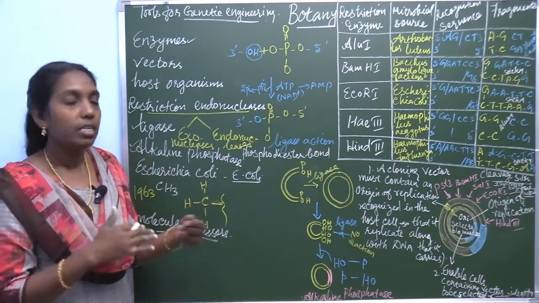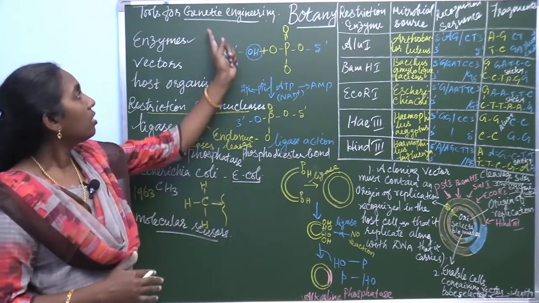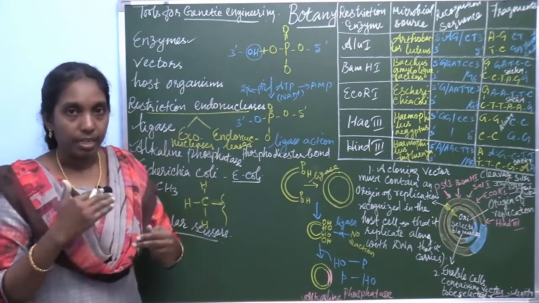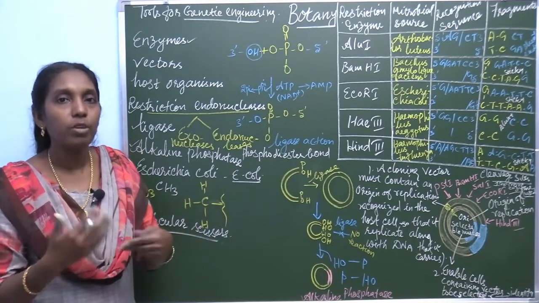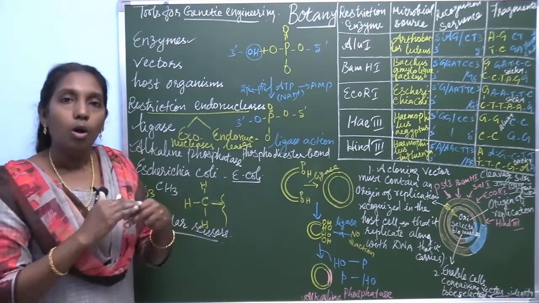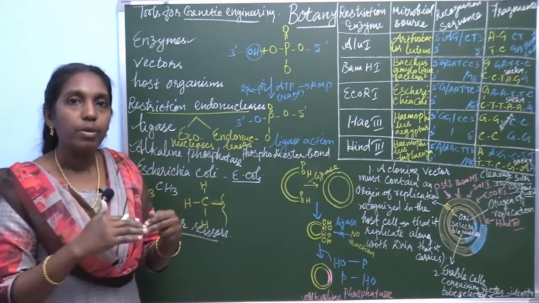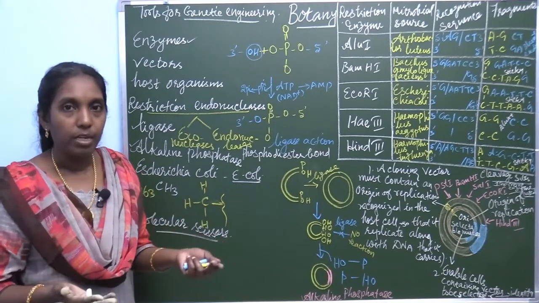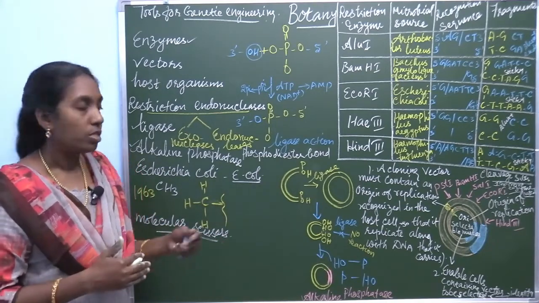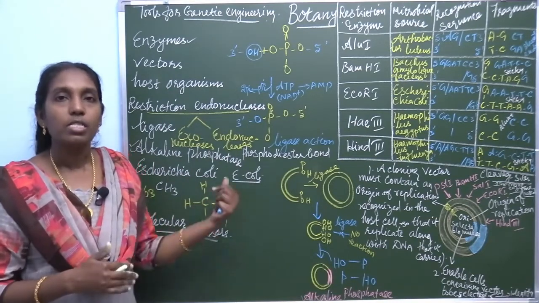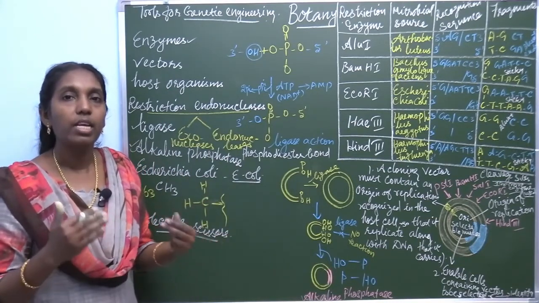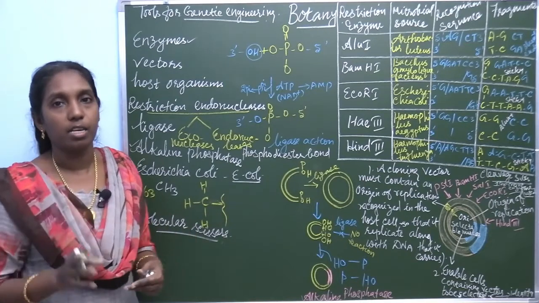But with these enzymes, under genetic engineering technology, there is an alteration, that means manipulation, of DNA sequences. All the DNA sequences can be altered or manipulated by the use of these enzymes. So restriction endonucleases play a very important role in cutting the DNA sequence.